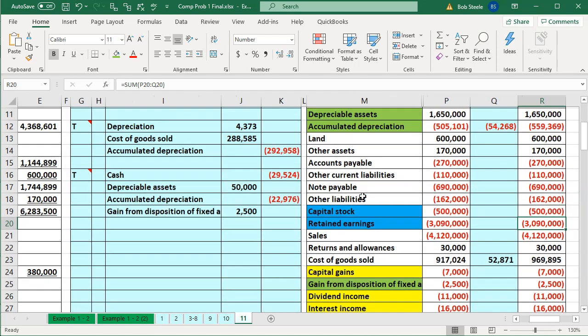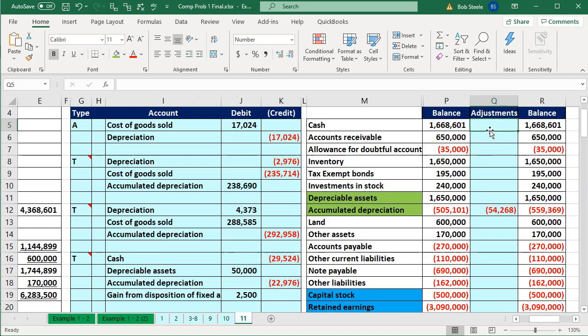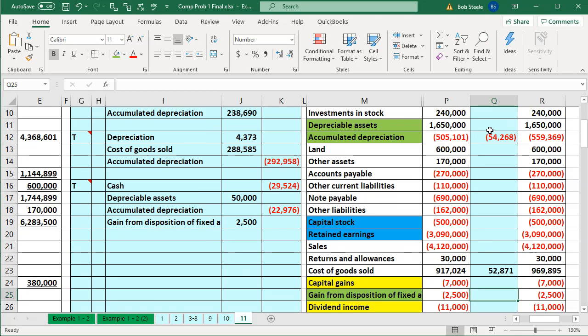So cash is going to go down. I'm going to go up to the cash. In Q5 equals, we'll say the negative 29, or credit, bringing it down. I'm going to go to the depreciable asset. In Q11 equals, we'll pick up the 50,000. Then the accumulated depreciation. So that's going to be in Q12, something's in it.